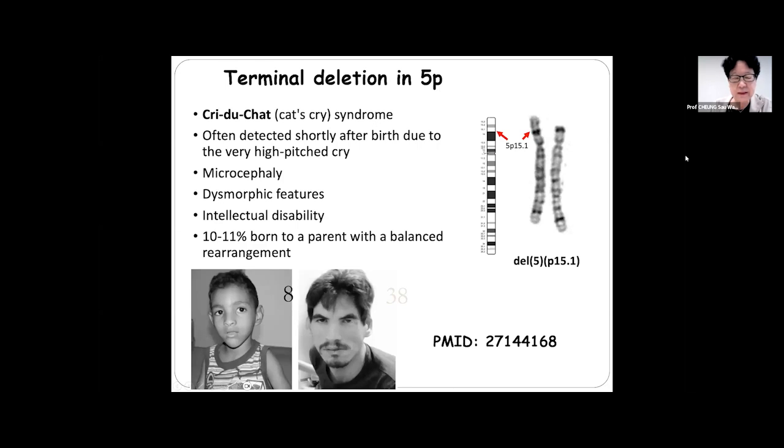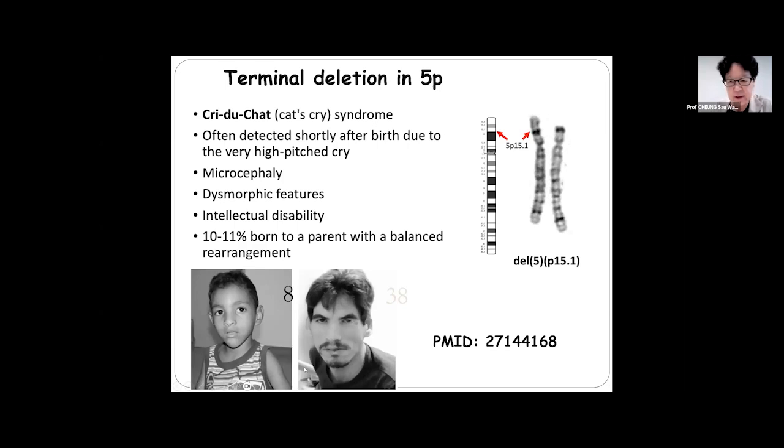Patients with this deletion are usually detected shortly after birth due to a very high-pitched cry, and the cry sounds like a cat cry. Usually these patients have microcephaly, dysmorphic features, and intellectual disability. 10 to 11% of them were born to a parent with a balanced rearrangement.